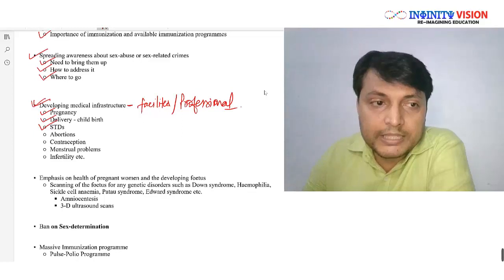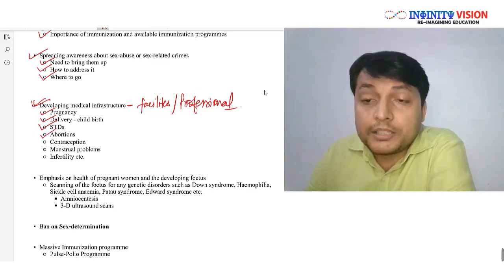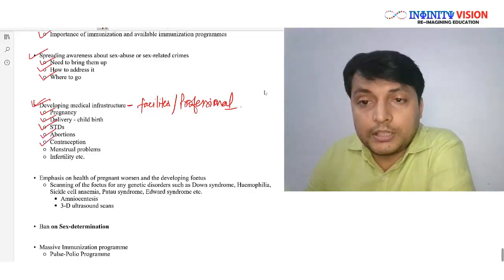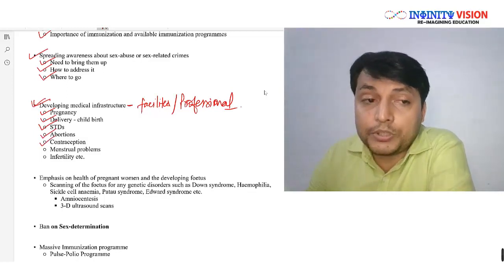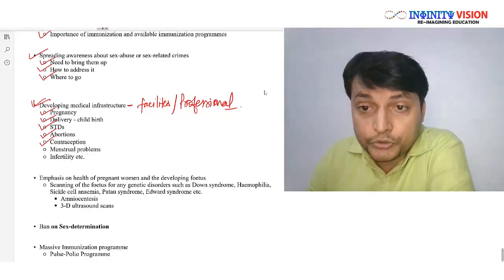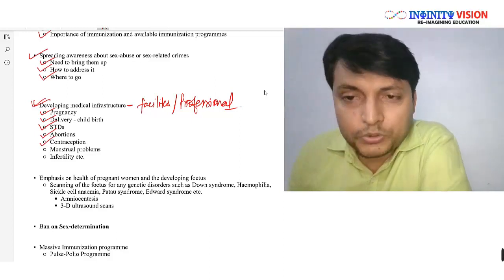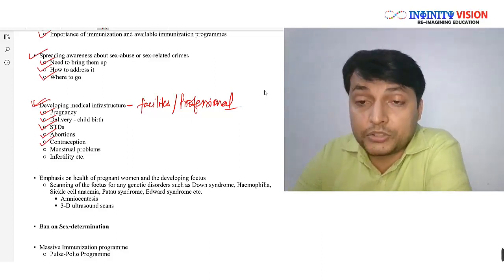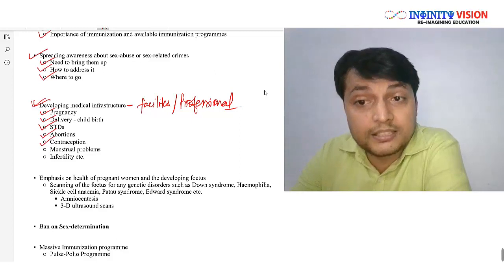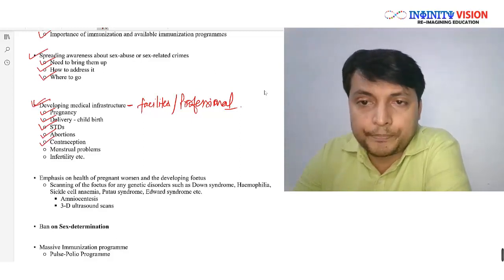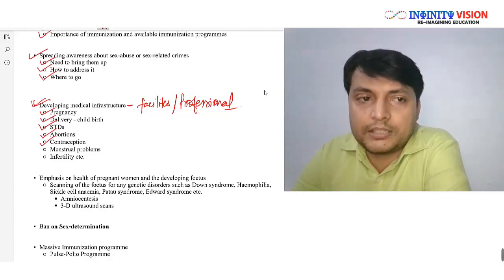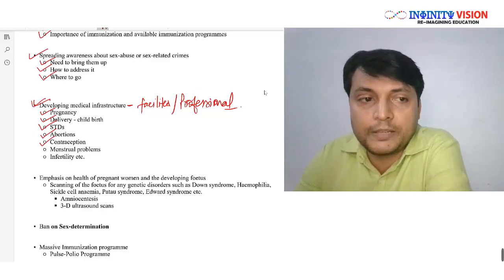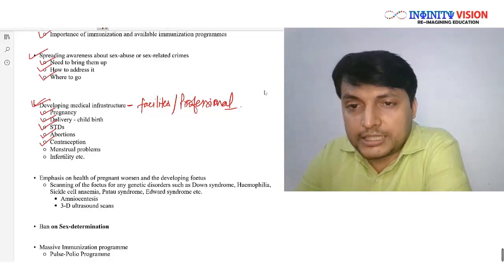Okay, so STDs, if required, to carry out the abortion procedures, to educate and to carry out the contraceptive procedures or pills or whatsoever is required. We will see in the next video lecture about different methods of contraception, and we will see some require small procedures, some do not. Okay, so in either case we need some medical infrastructures or professionals or guidance of a health professional to use some of the contraceptive methods.